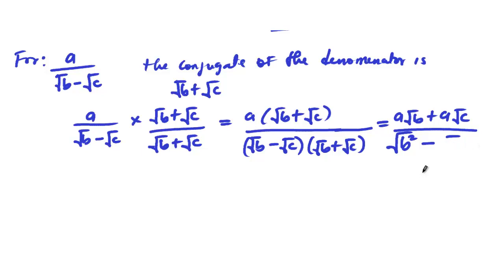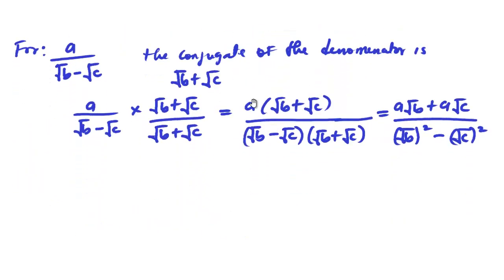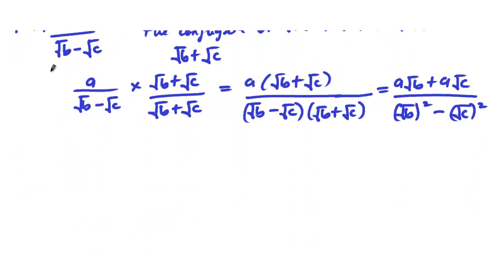All right. Or let me put it this way. Pardon me. This one is like saying root B, square, minus square root of C, square. It's similar to what I did here. The only difference is that I opened the brackets here. When we say difference of 2 squares, let me quickly explain.